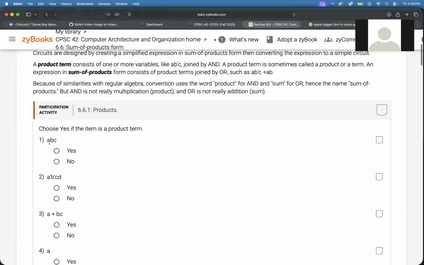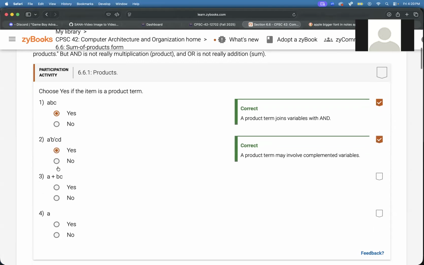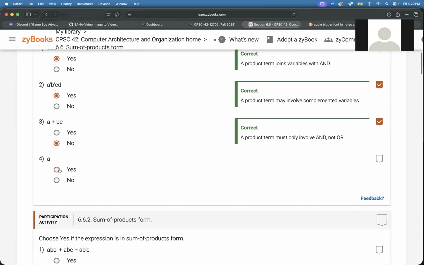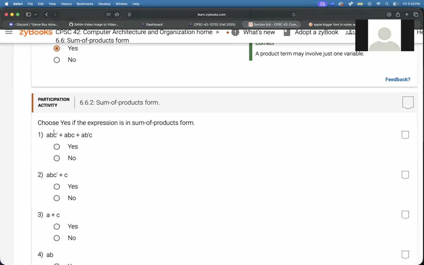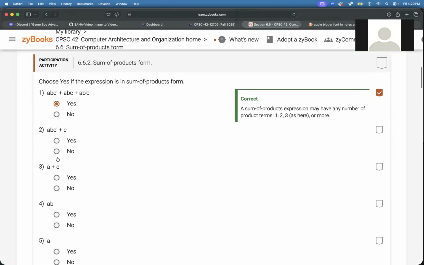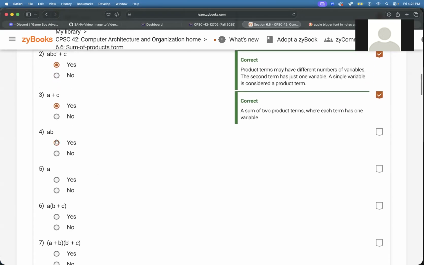So what's a product term? That's a product term. That's a product term. This is not a product term. This is two product terms. So that's not a product term. You could think of an A by itself as being a product term. Now, what's a sum of products? That's exactly what we were just looking at, right? That's a sum of products. That's a sum of products. That's a sum of products.